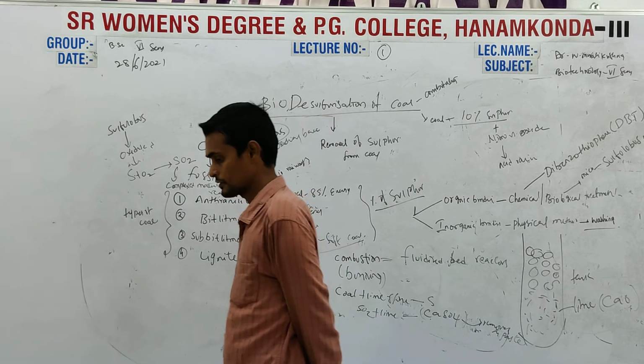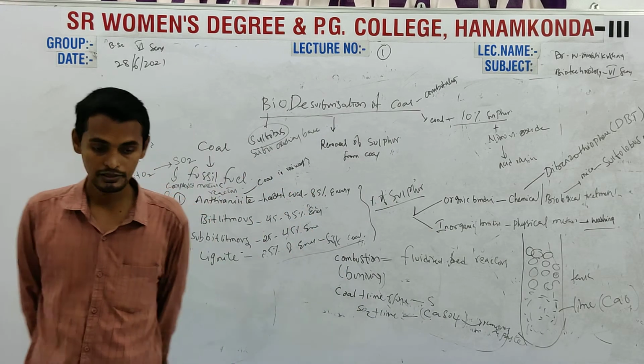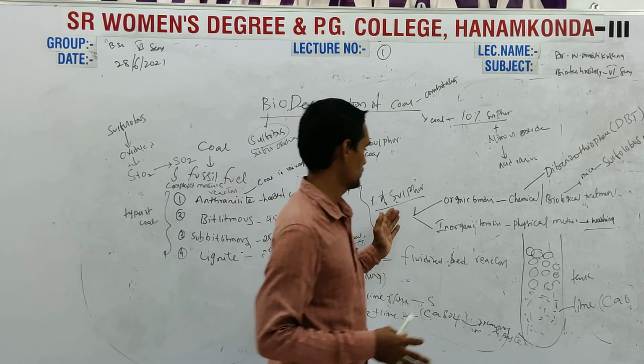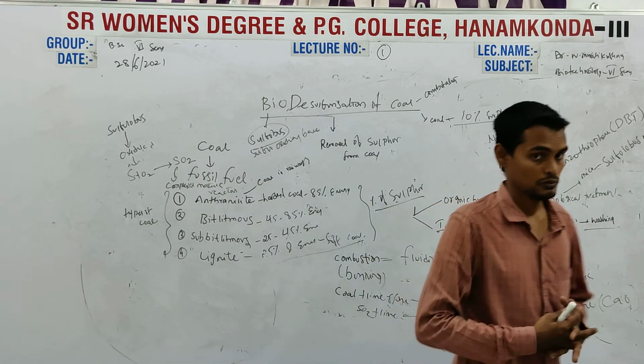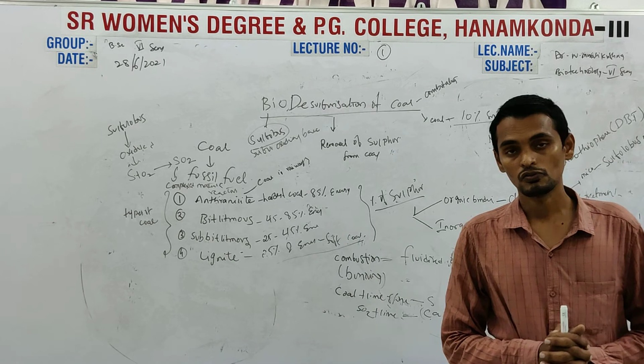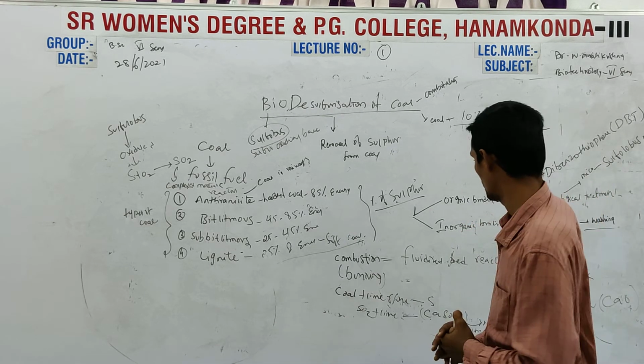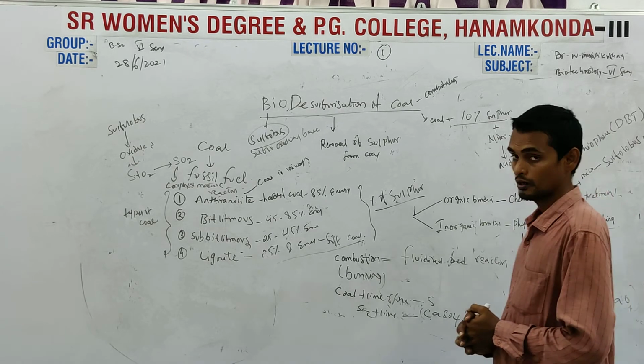Coming to the composition of sulfur, there are two types of binding of sulfur to the coal. One is organic binding, which is a strong binding, and the next one is inorganic binding.